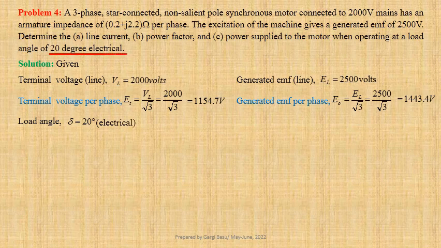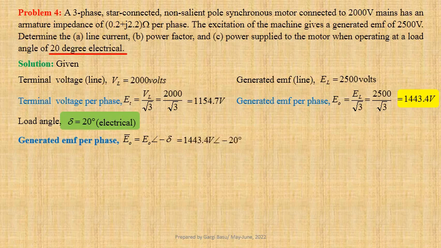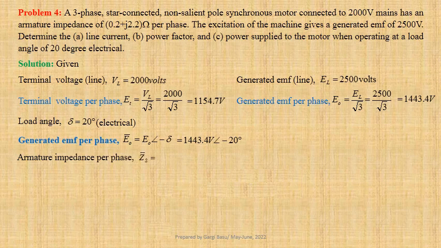Now we shall write down generated EMF per phase in polar form. E0 equals E0 at an angle minus delta, that is equal to 1443.4 volt at an angle minus 20 degree. Given armature impedance per phase ZS equals RA plus jXS, that is equal to 0.2 plus j2.2 ohm.